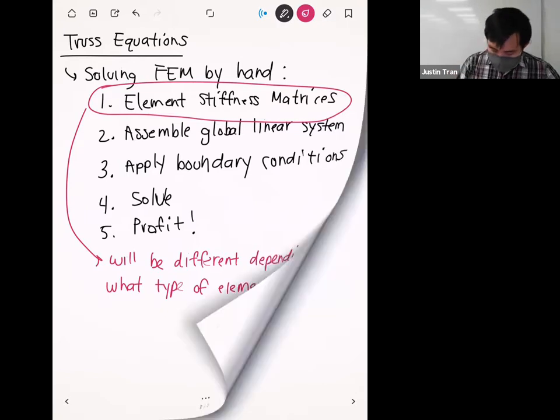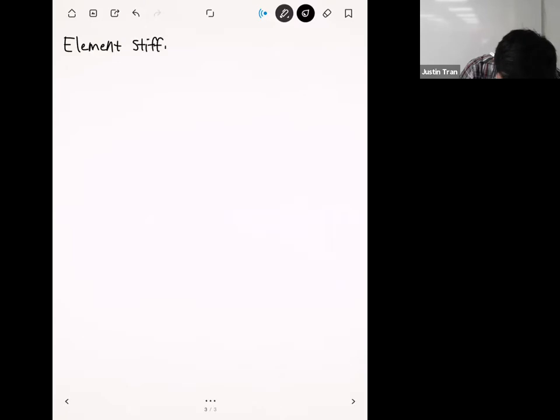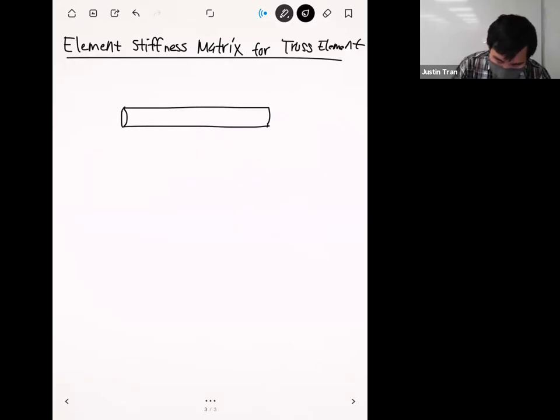All right, and so let's look at a truss element. Let's do a little bit of a derivation of how we can obtain the element stiffness matrix for a truss. A truss element, sometimes we call it a bar, right? Usually we give it some slender shape like this.